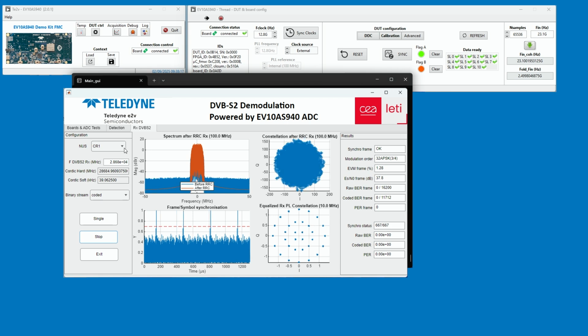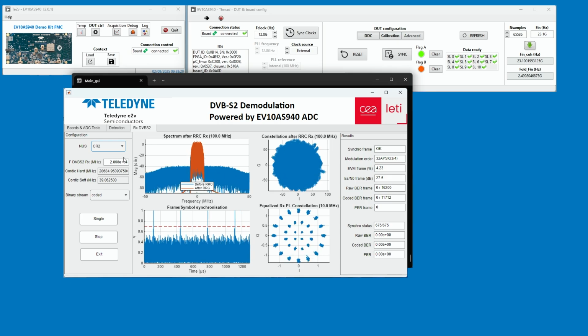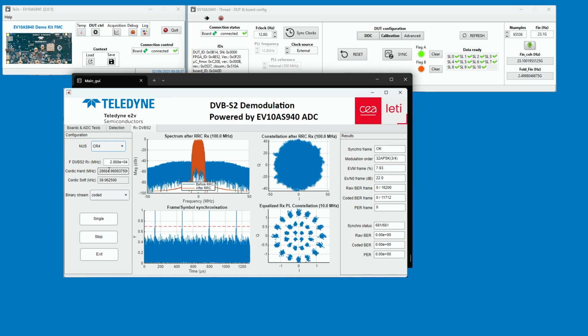There seems to be a small amount of phase noise. We can modify the compression ratio to 2 and to 4. And we see that the signal is correctly decoded.